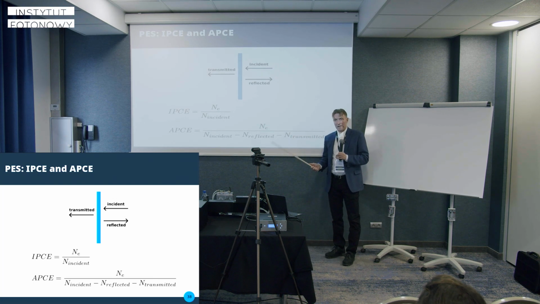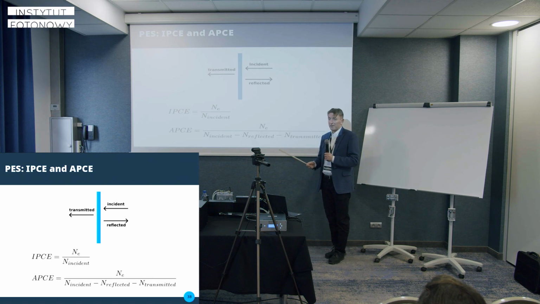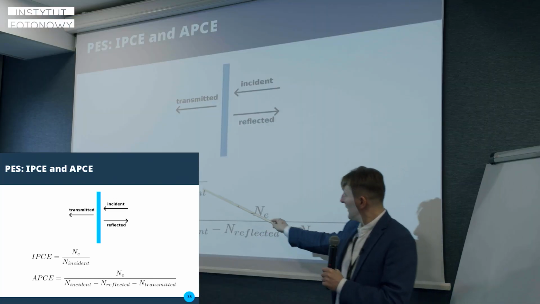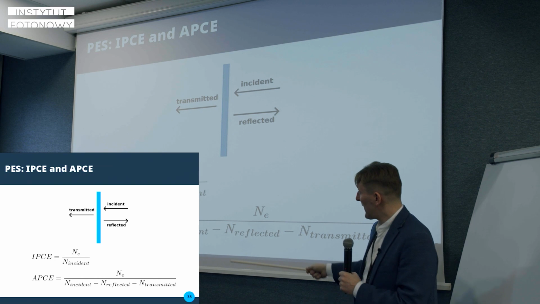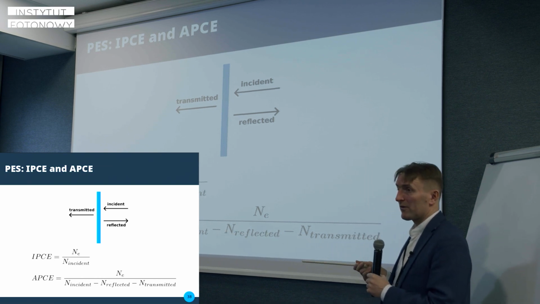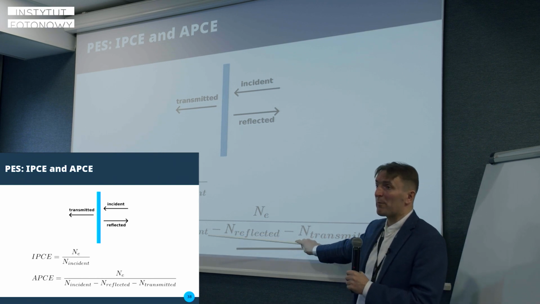If you have an extension, like this integrating sphere, or you have a calibrator and you can measure transmitted light, then you can adjust this ratio by removing all reflected and all transmitted photons. So what is left is only absorbed photons.